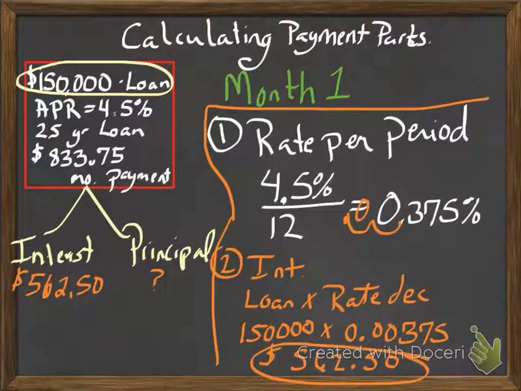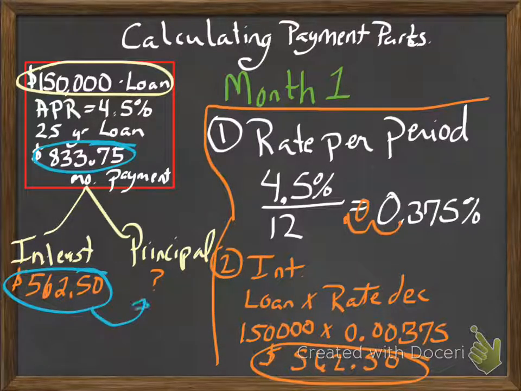Your interest plus your principal is going to equal $833.75. So if I know what my total is and I know what one piece is, subtract them. We're going to subtract these 2 numbers, and that's going to give you your principal: $271.25.